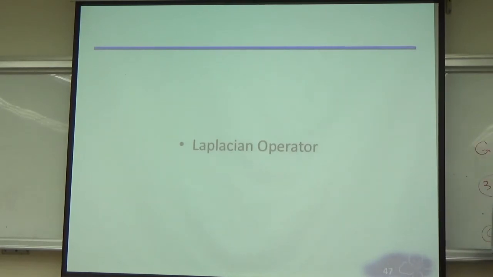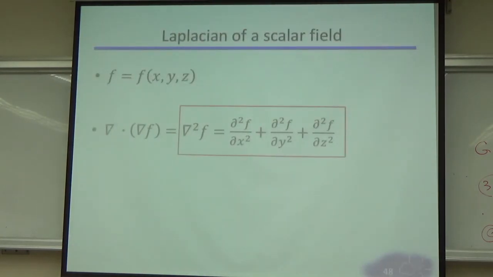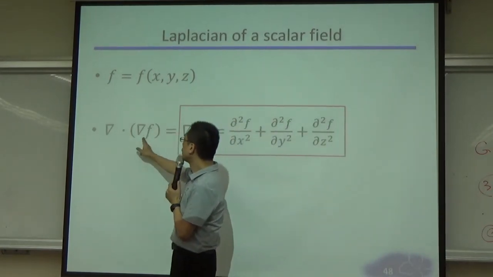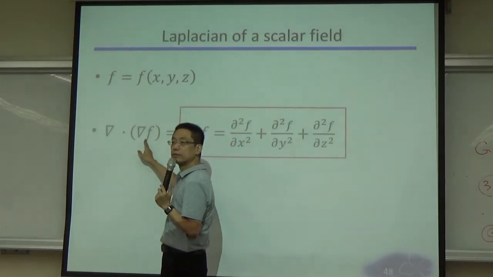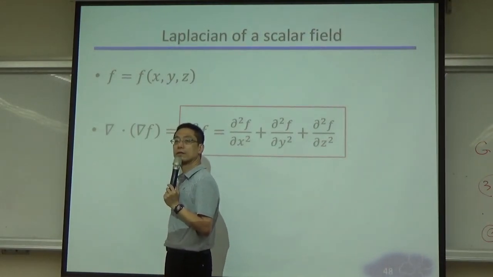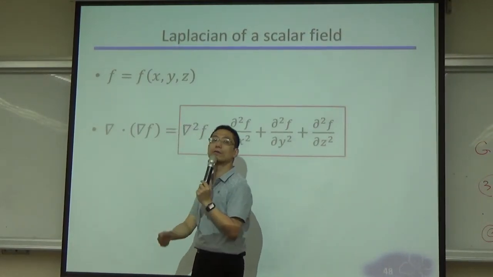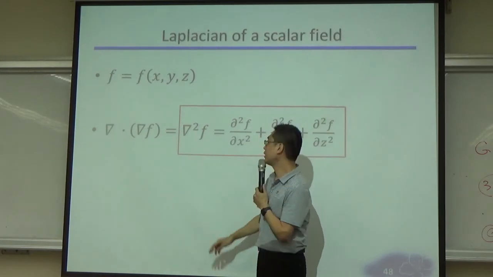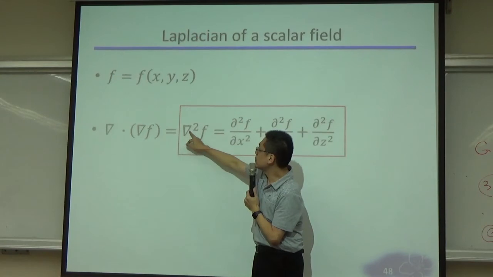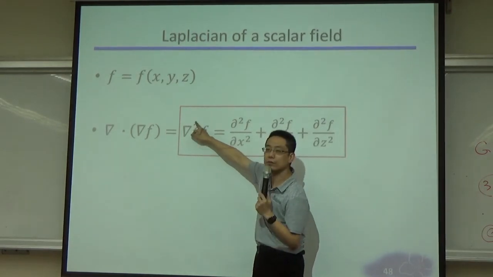So what is the Laplacian operator? This is another operator. This is like a combination operator of gradient and divergence. Okay, this is a combo. It looks like this, a triangle squared.